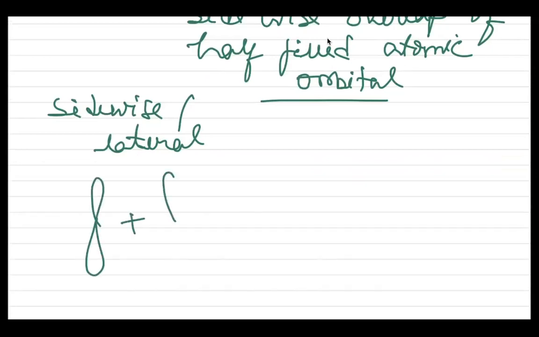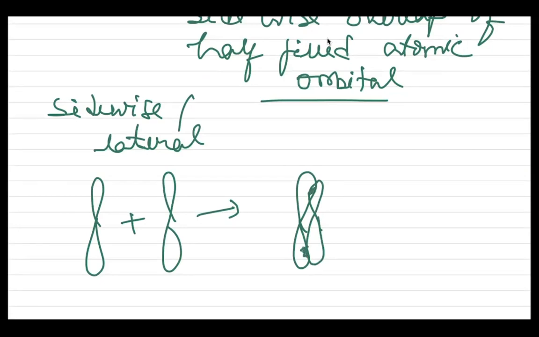Suppose this is the 2p orbital, and when they form the bond, the pi electrons form a cloud over the bond. Here also the pi electrons form a cloud over the bond. These are the pi orbitals. So when sidewise overlap takes place, the pi orbital forms.